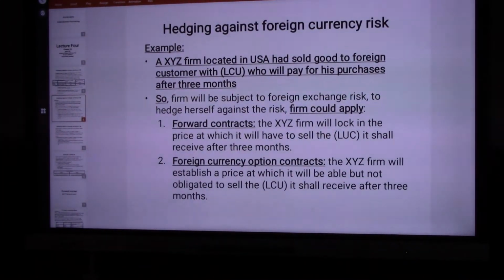طب لو أنا بتكلم على selling process, but if I'm talking about purchase process, the same.